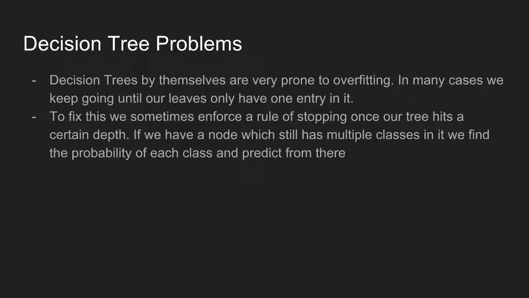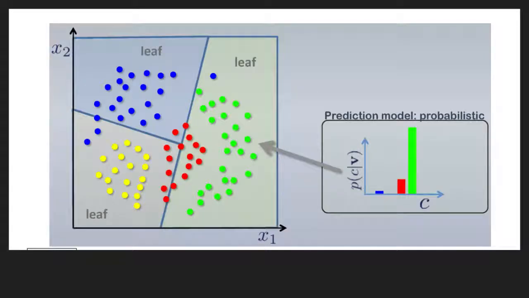So we can enforce a rule that says, okay, once we go so far down, we're just going to stop. And essentially then what we'll do, given the examples that we have, is look at the probability of any given class and take the class that's most likely.